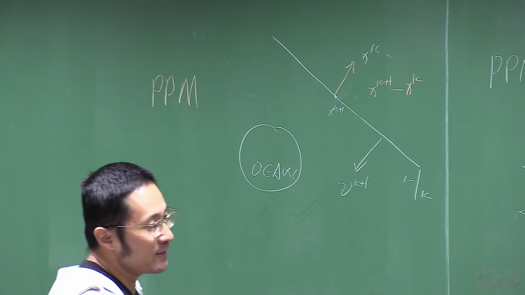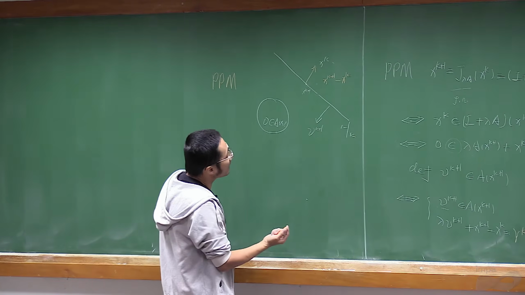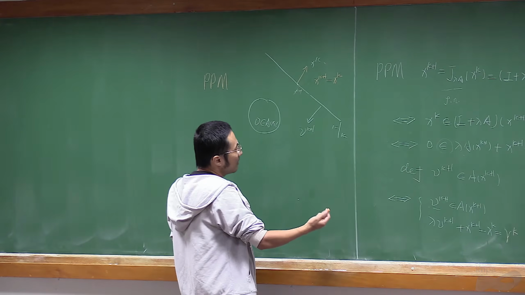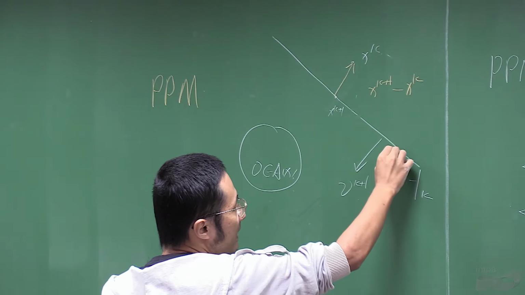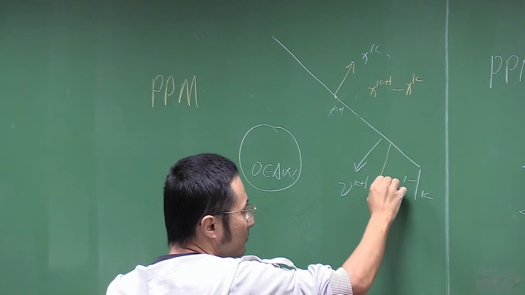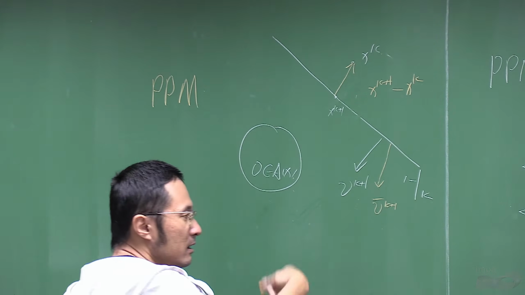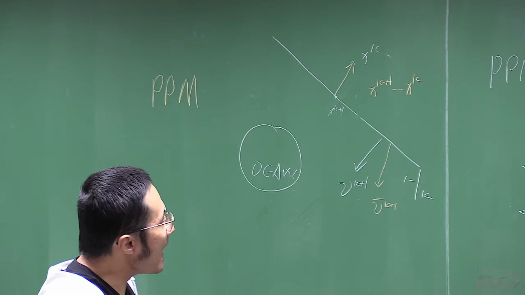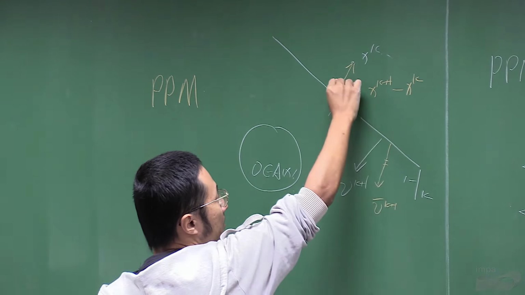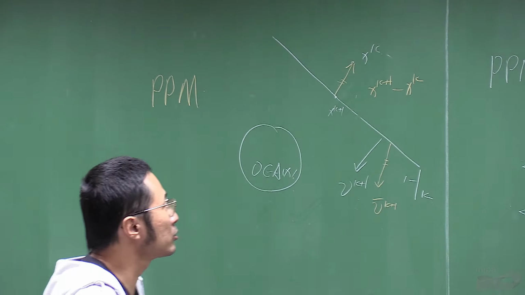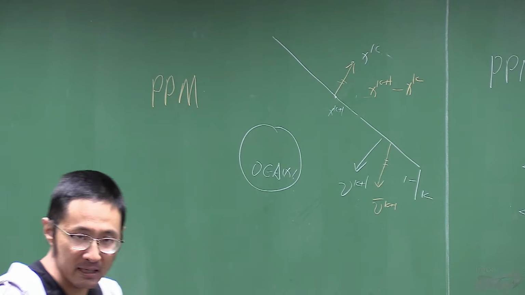But if the error exists in the HPE, we may generate a not exact vk plus 1, something like this. We can call it v bar k plus 1. This vector is no longer parallel to xk plus 1 minus xk anymore.